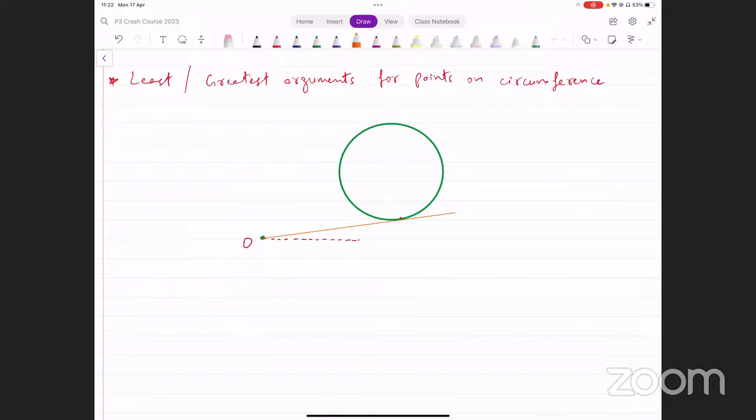Now, you might think it's the lowest point on the circle like this. It's not. Let me make it slightly clearer. Let's say the point O was even below this. It does not necessarily have to be the lowest point. It could be something else as well. So for example, if O was here, the line coming from the origin is going to be like this, such that it makes a tangent with the circumference of the circle on this side.